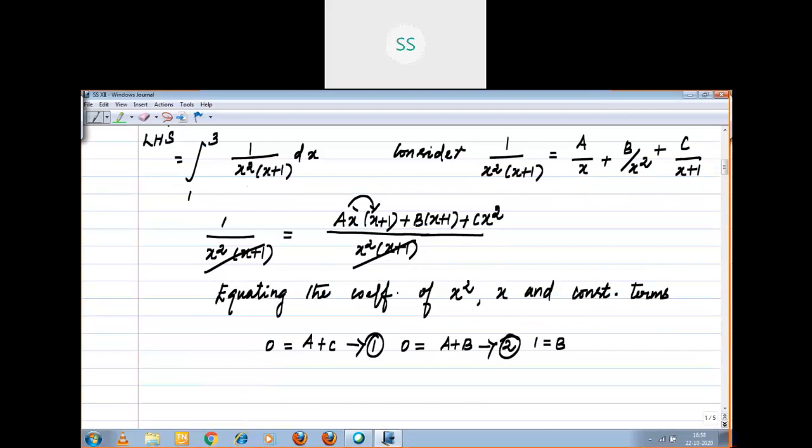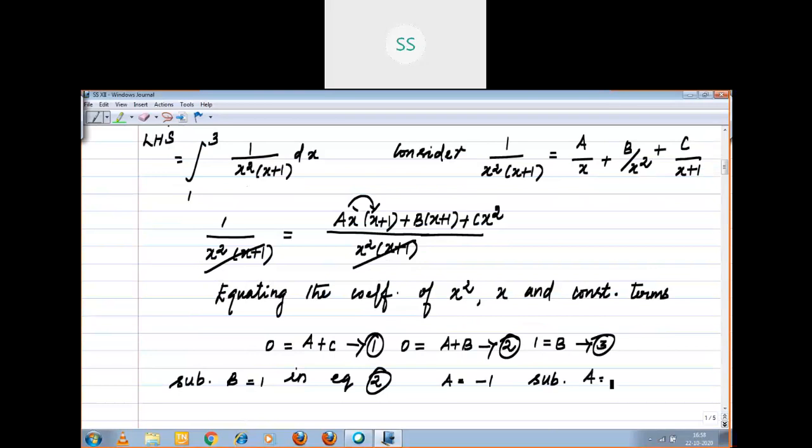Now, equation number 1, equation number 2, this is our 3. Substitute b equals 1 in equation 2, then a equals minus 1.